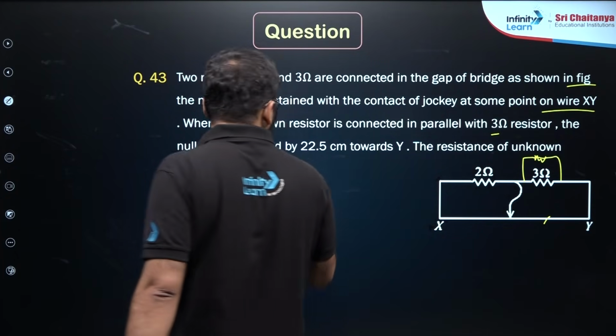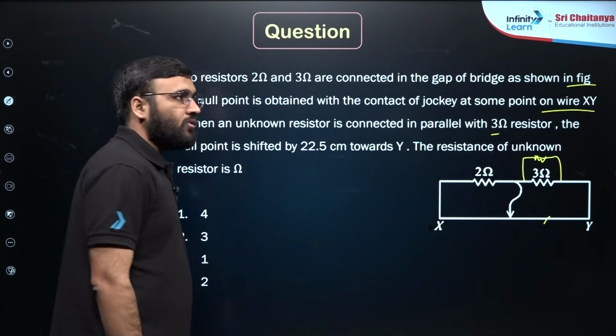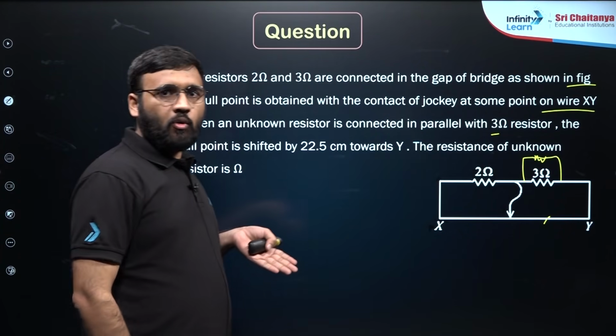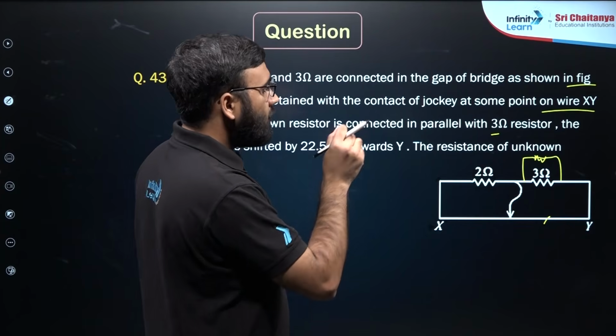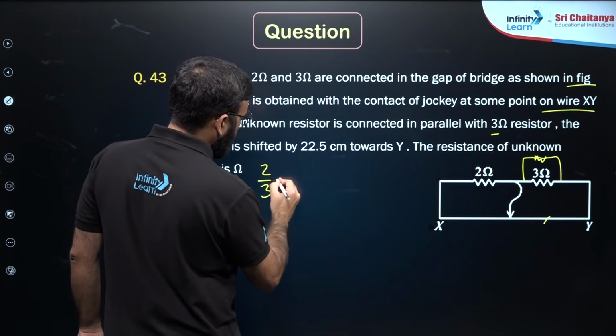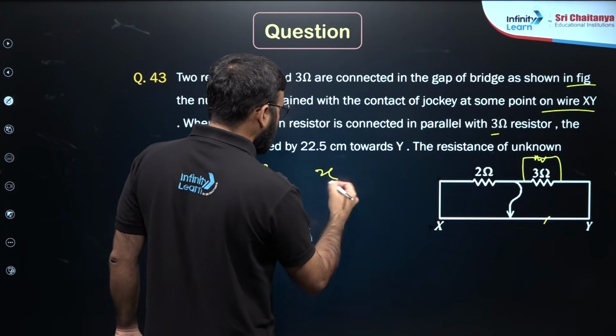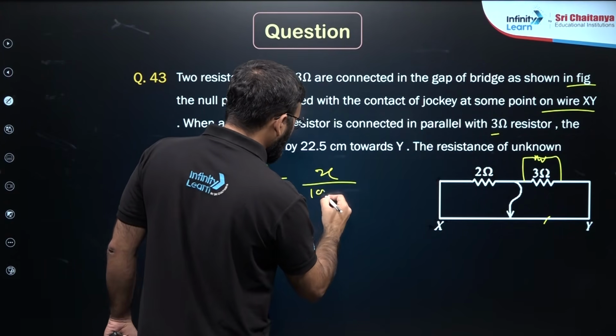So what is my condition of null point? P upon Q, that is R1 upon R2, equals x upon, null point distance from x, divided by 100 minus x. So 2 by 3 equals to its initial null point position x into 100 minus x.